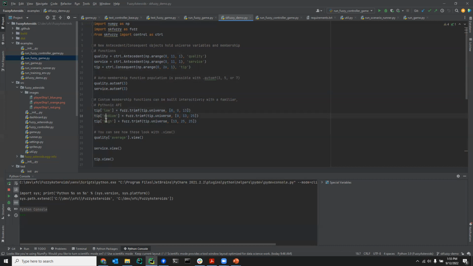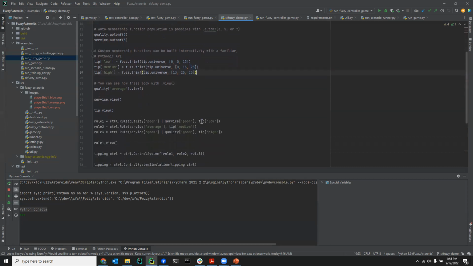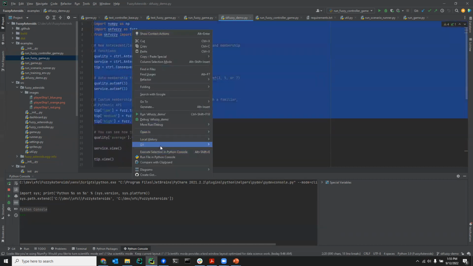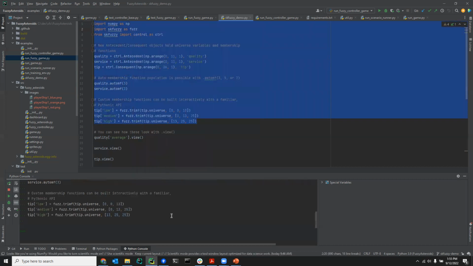We also have medium and high. These are defining the leftmost, the center point, and the rightmost points of the triangles. So let's go ahead and evaluate that.